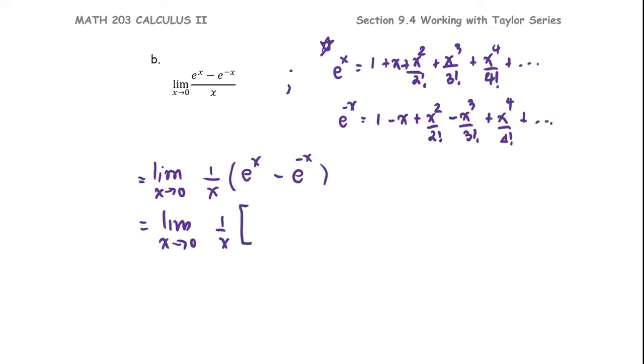For the e to the x, all terms are positive, where e to the negative x is an alternating series.